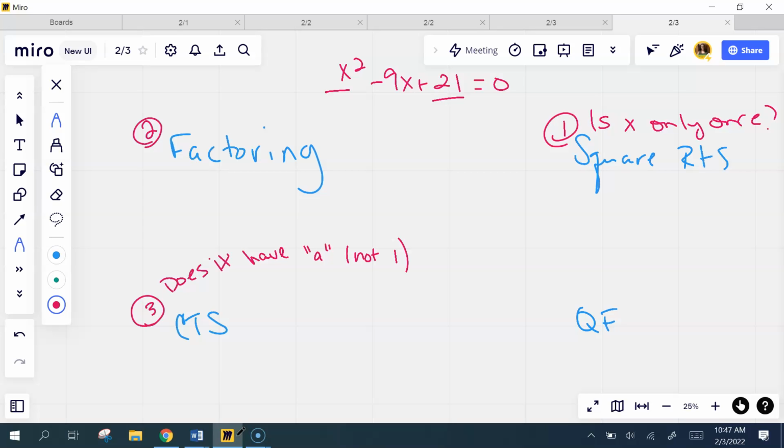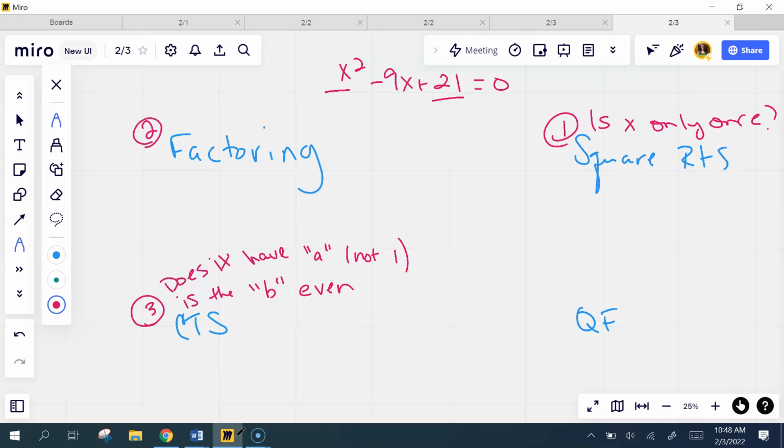Because remember, if I complete the square, I have to divide everything by that leading coefficient, okay? So does it have an A, and is the middle term, B, an even number? Because remember, whenever I complete the square, I have to take the middle and cut it in half. So if it's not even, it's going to be hard to complete the square.